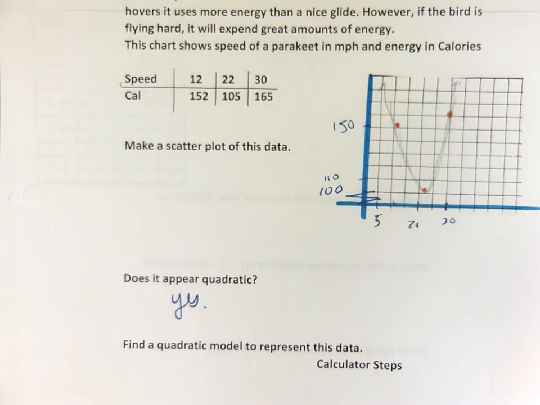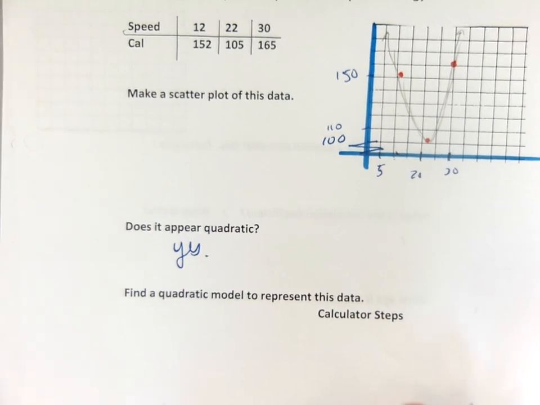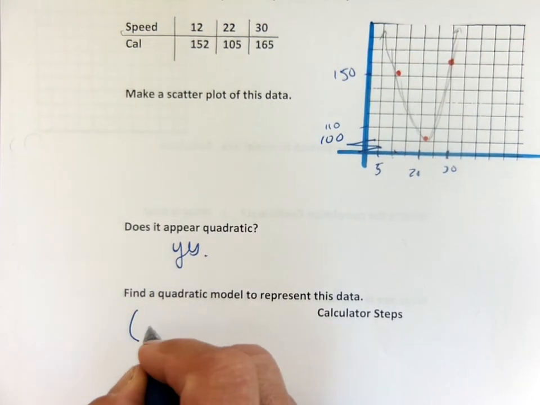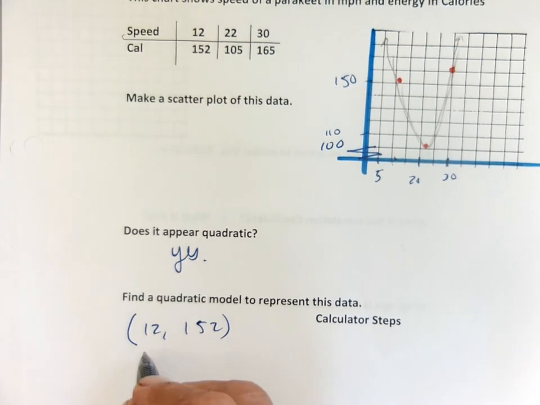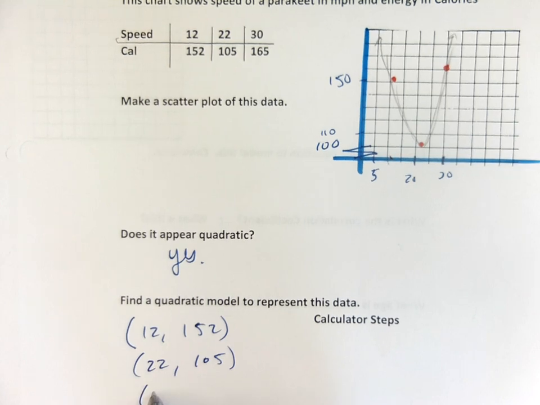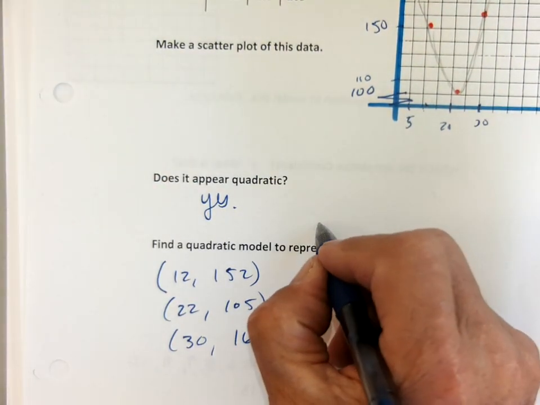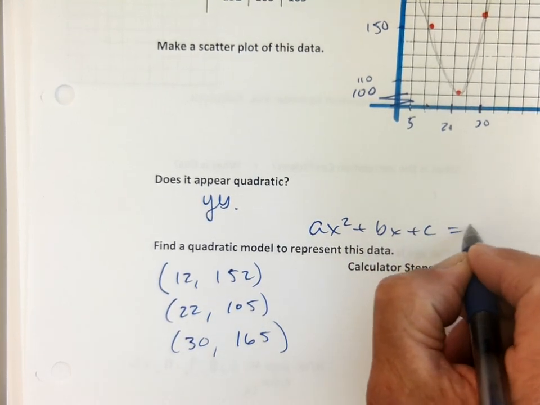Yeah. Okay, so then here's what we did. We took our 3 points, right? And we needed a quadratic model, so we used ax squared plus bx plus c equals y.